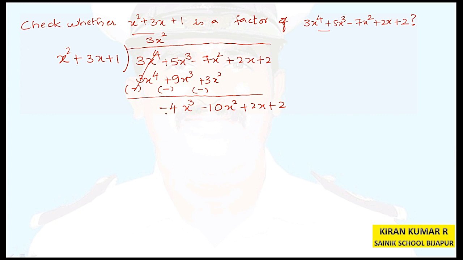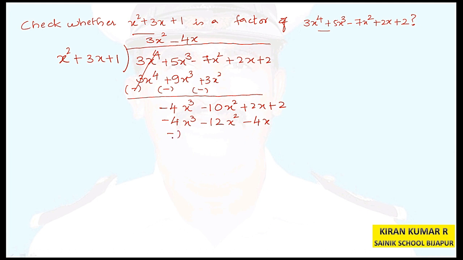Now look, minus 4x cube is the first term. On division by x square, we get minus 4x. So minus 4x is to be multiplied, we get minus 4x cube minus 12 times x square minus 4x.